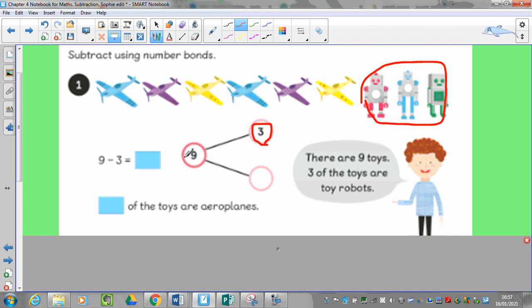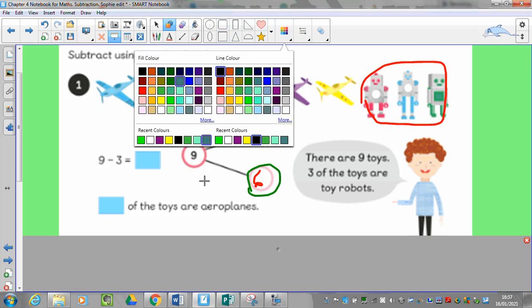Now I need to work out how many, looking at my number bond diagram, sorry, my part whole model here, how many this part is. So I know that 3 add 6 equals 9. So if I know that 3 add 6 equals 9, then I know that 9 subtract 3 equals 6.